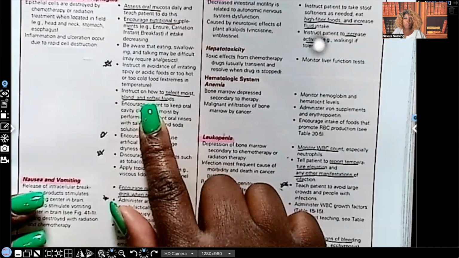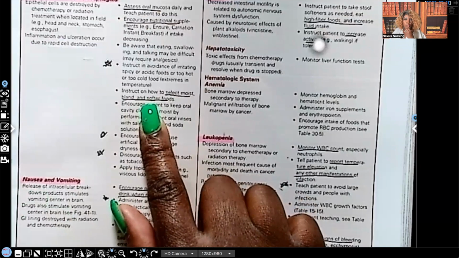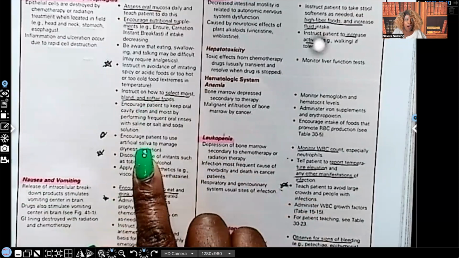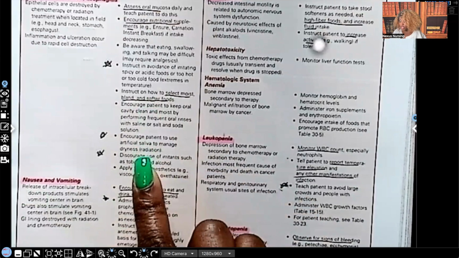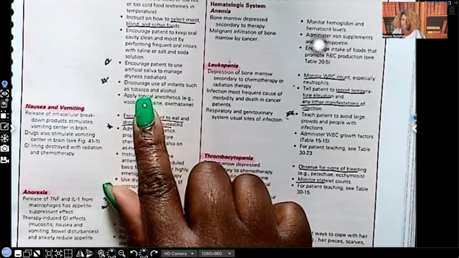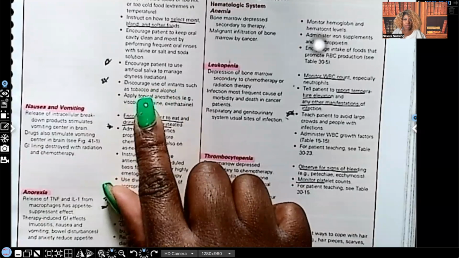We want foods that are very easy for them to chew, that will not irritate their oral mucosa that's already irritated. Encourage the patient to use artificial saliva to manage dryness from the radiation. Discourage the use of irritants such as tobacco and alcohol. Stay away from them.